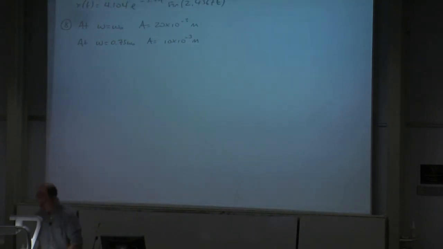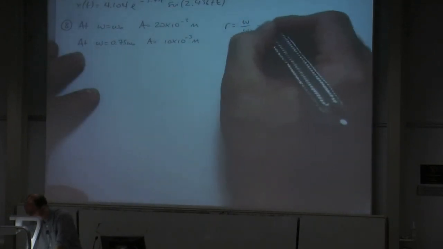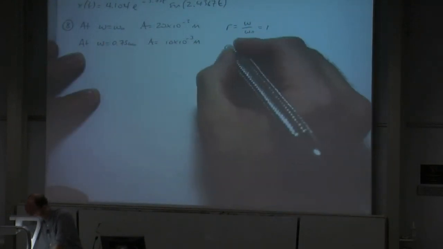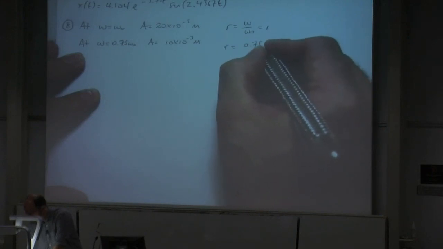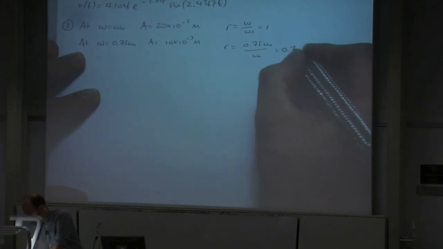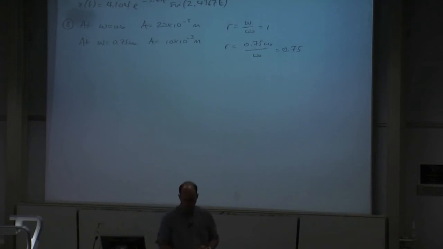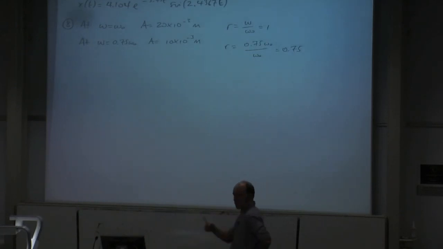So for this case, when omega equals omega naught, we have R, omega over omega naught, equals 1. And here we've got R equals 0.75 omega naught divided by omega naught, so R must be 0.75. Frequency ratios. So we've got amplitudes and frequency ratios.